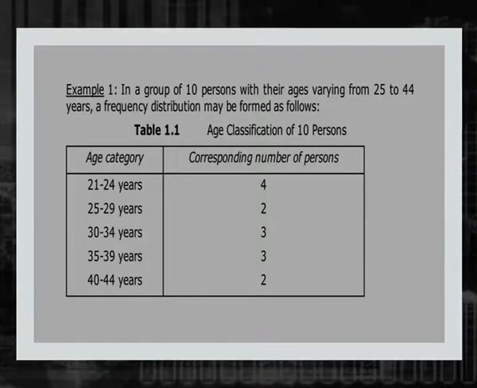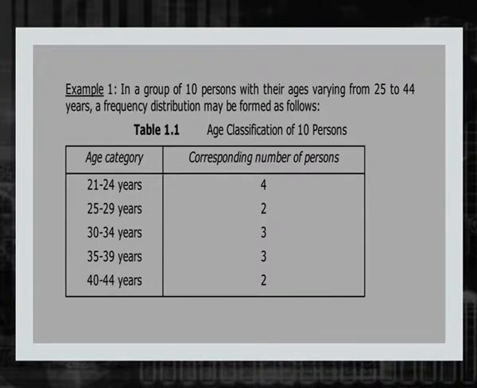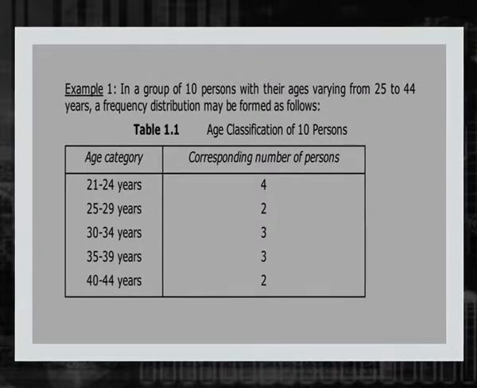The terms class and class interval are often used interchangeably, although a class interval is actually a symbol for a class. A class interval that theoretically has either no upper class limit or no lower class limit indicated is called an open class interval. For example, if we define the first class interval in the above table as up to 30 years, it will constitute an open class interval.